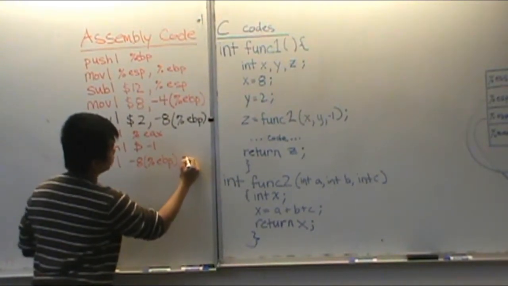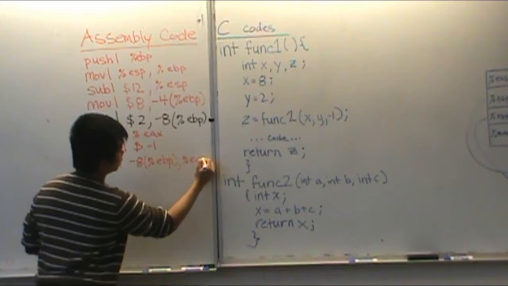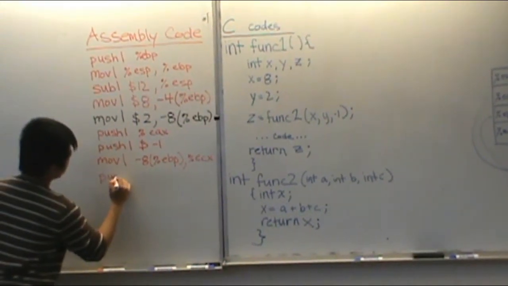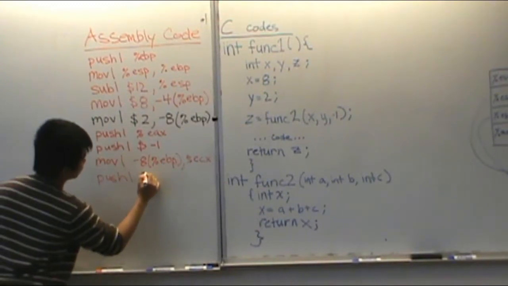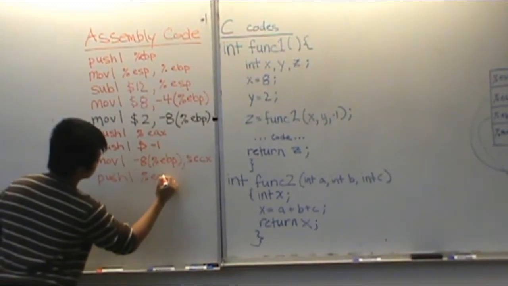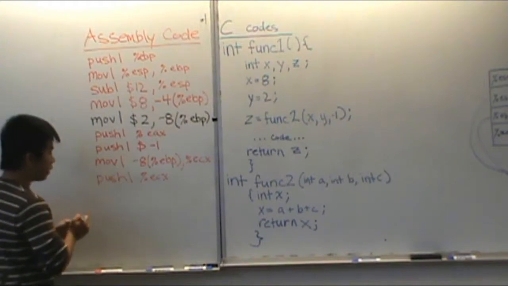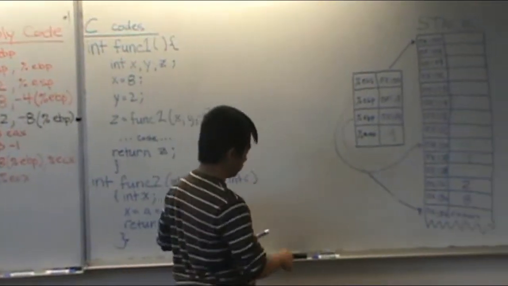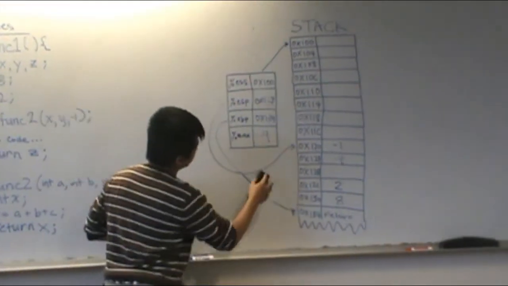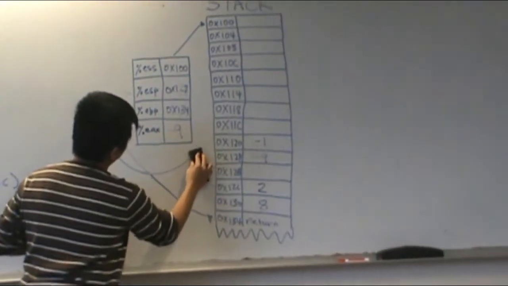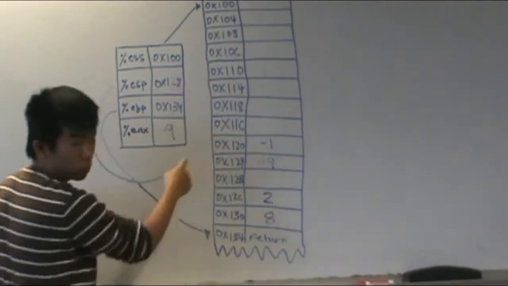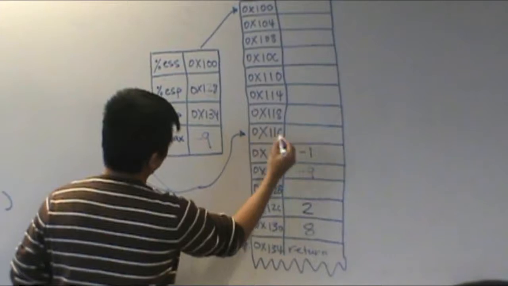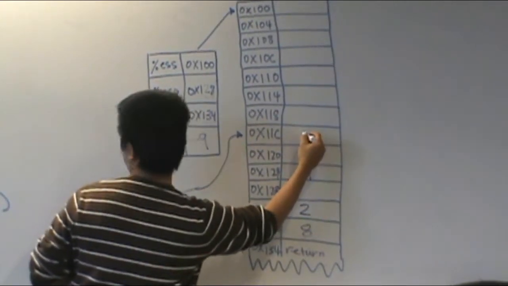So for example, I'll be using register C. Then after that, you push register C to save it. So whatever value register C is, it will be saved on the next step, which is 1C here, which is 2.